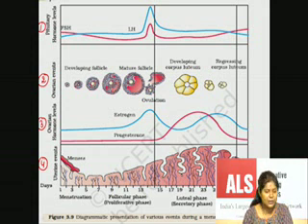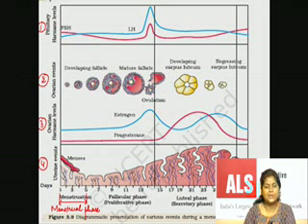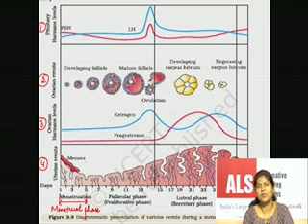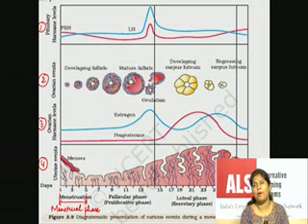Let us start from the first phase, where we talk about menstruation. This whole phase of 1 to 5 days is the menstrual phase. During this phase there is the breakdown of the endometrium, as you can see over here, and the broken down endometrium is released in the form of menses.